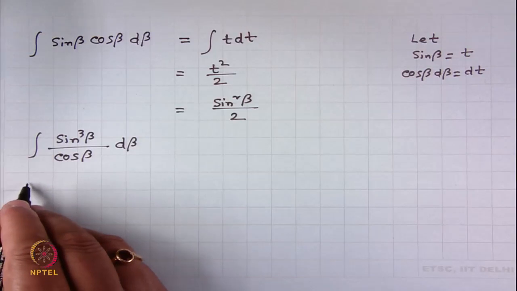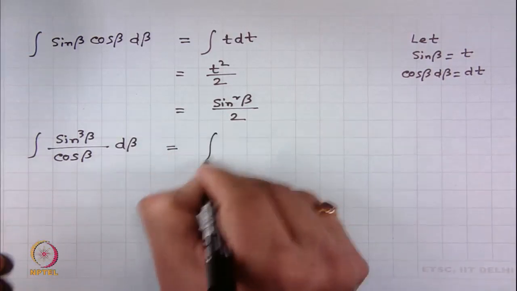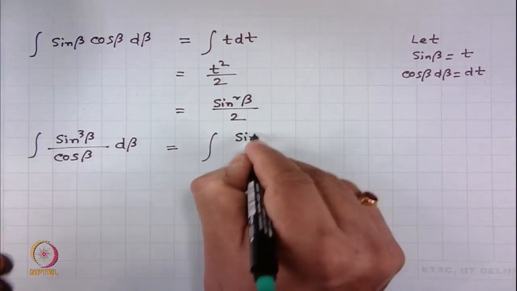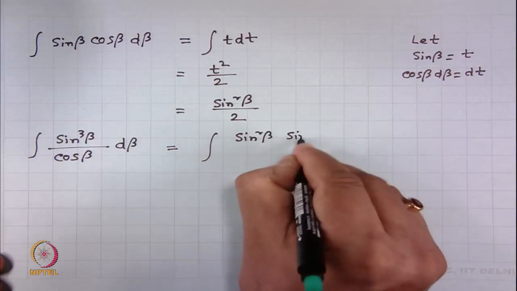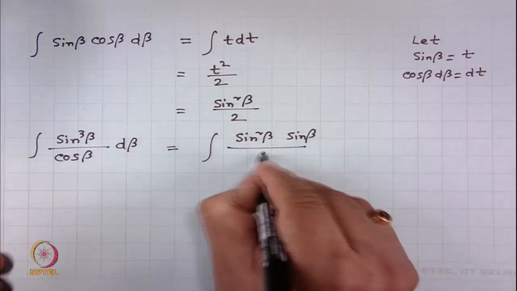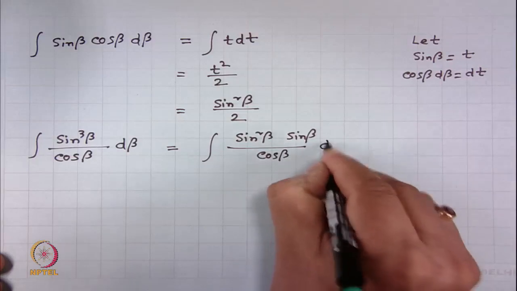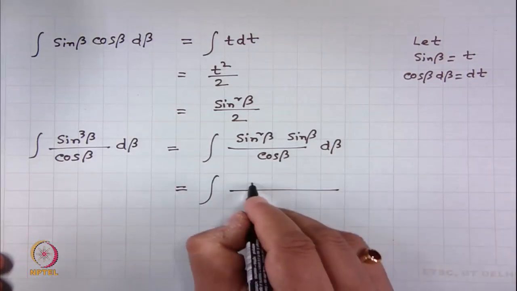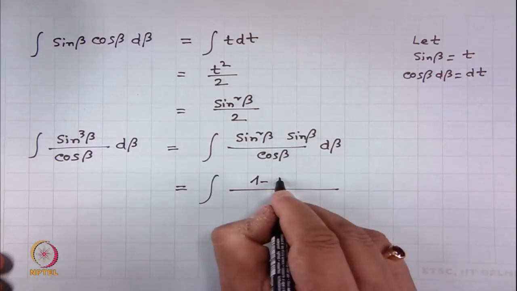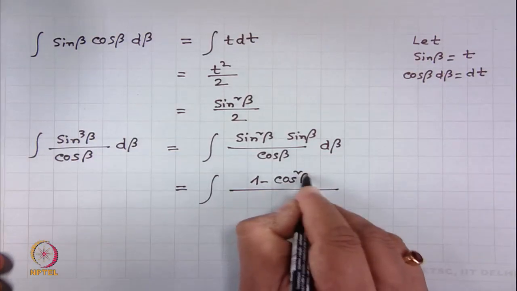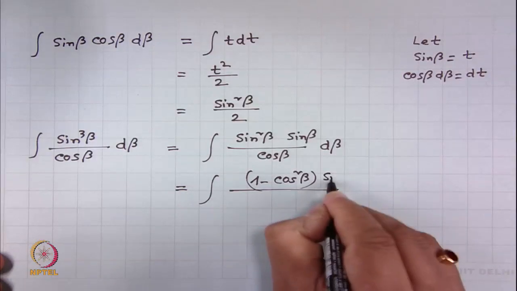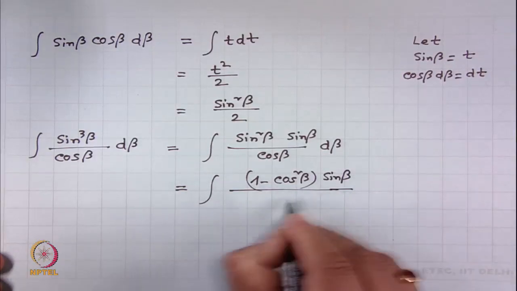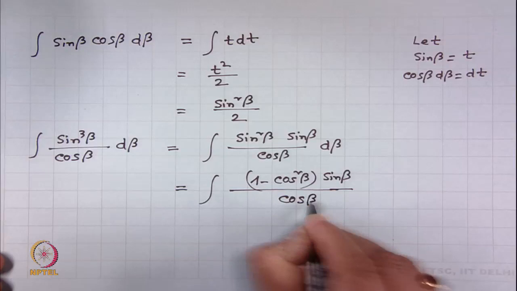This we can write as sin square beta into sin beta by cos beta into d beta.